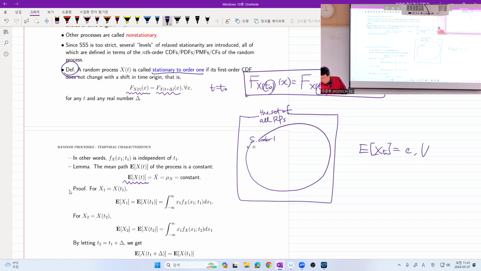Whether it is a discrete random process or continuous random process, continuous time or discrete time, if it is stationary to order 1, its mean path is a constant function. It's a simple consequence of the definition. Got it? It is not necessarily 0 for all t. It could be p for all t.